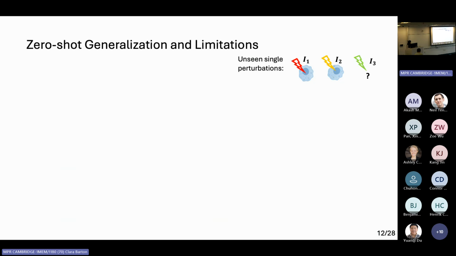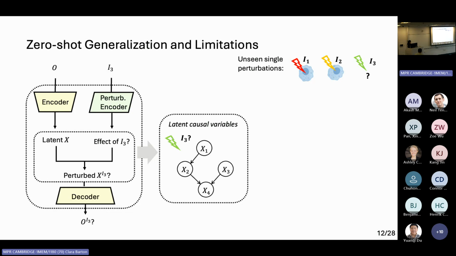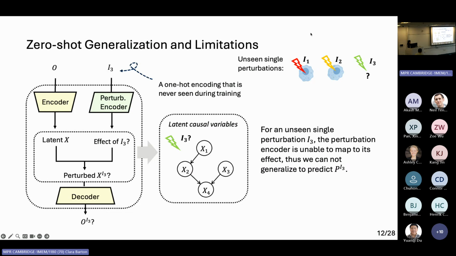But what this framework cannot solve is if I were interested in, for example, perturbing genes I1 and I2, and now I have an unseen perturbation on a novel gene I3. What's going to happen here? The main reason is that the perturb encoder is essentially fed a one-hot encoding to indicate cells coming from the same perturbation.